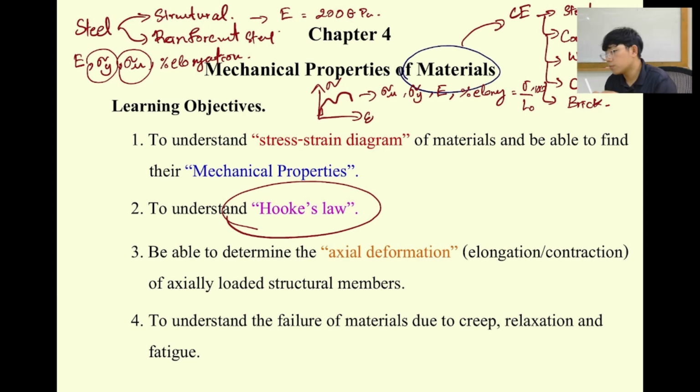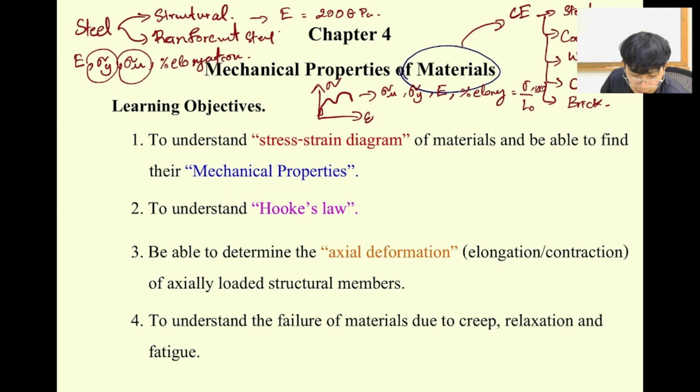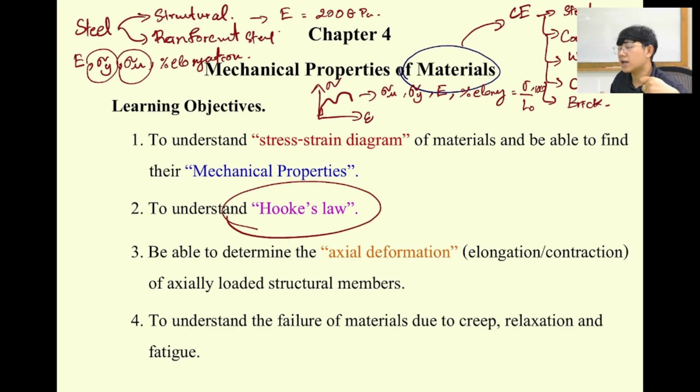For example, if you pull a rubber, which has a really high linear elastic zone that allows it to deform a lot, and then you release it, it's going to come back to the same length.